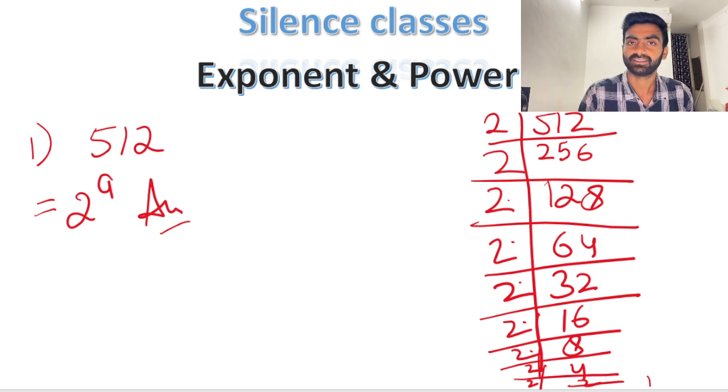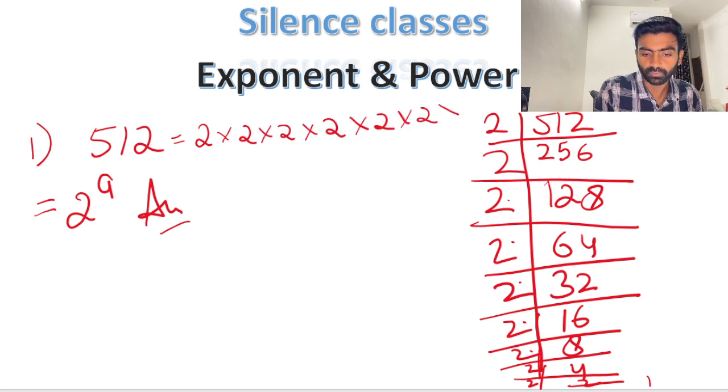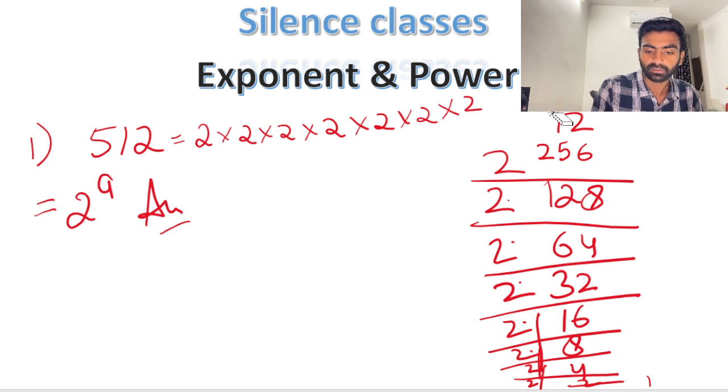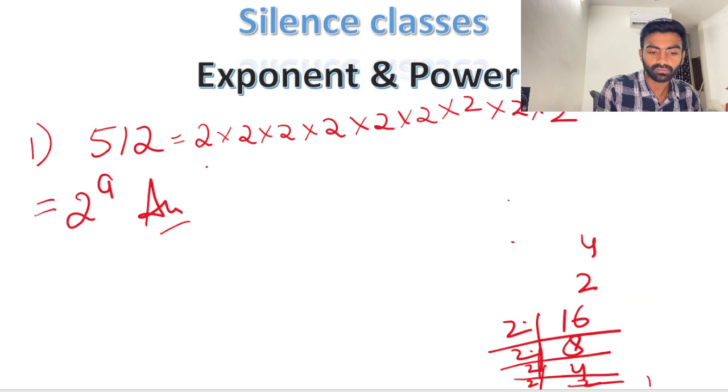Okay, if you want, you can write it like this: 2 multiplied by 2 multiplied by 2, and so on, 2 written 9 times. Or you can directly write the answer: 2 to the power 9.